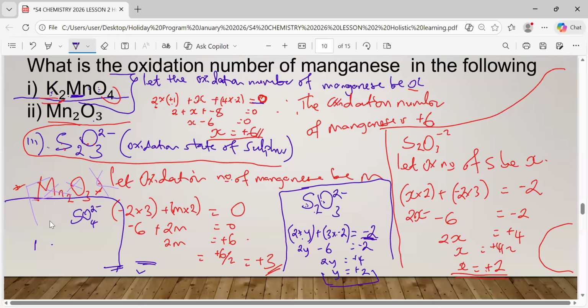Are you seeing this? Yes. Then part B, we have nitrate. Then we can also have phosphate. So we can determine the oxidation number of phosphorus in this compound, of nitrogen in this compound, and of sulfur in this compound.